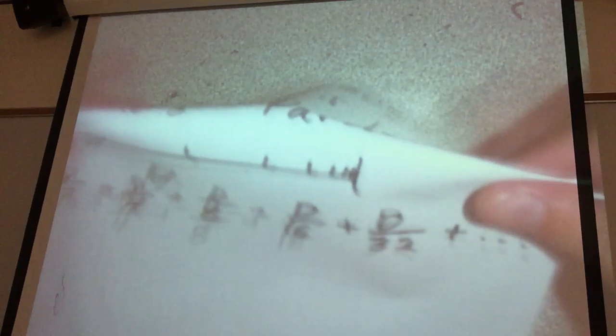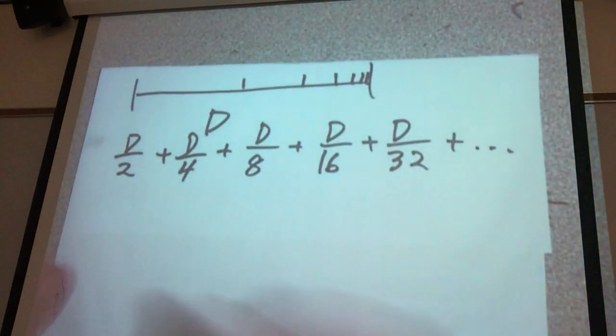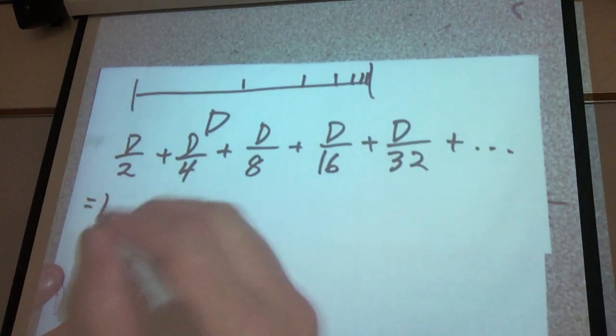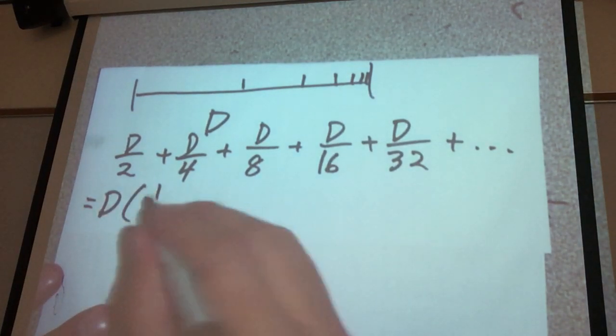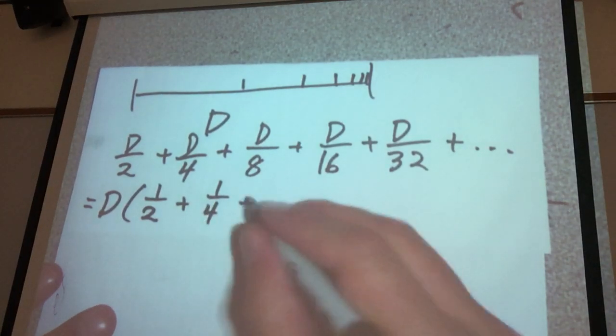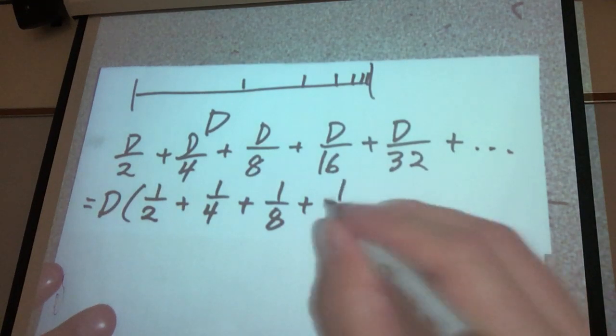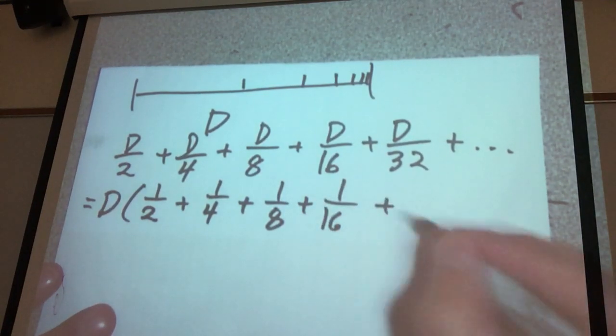Now, all of these have a d on it, so I could say that's d times 1/2 plus 1/4 plus 1/8 plus 1 divided by 16, dot, dot, dot.